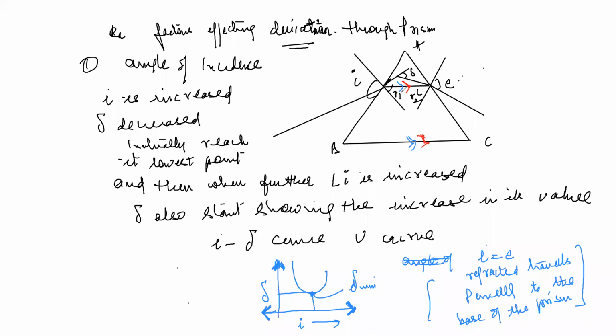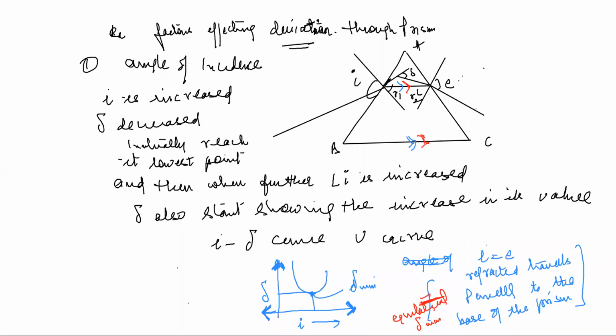Understand? It happens only when the triangle is equilateral, and R1 is equal to R2, and delta is minimum.